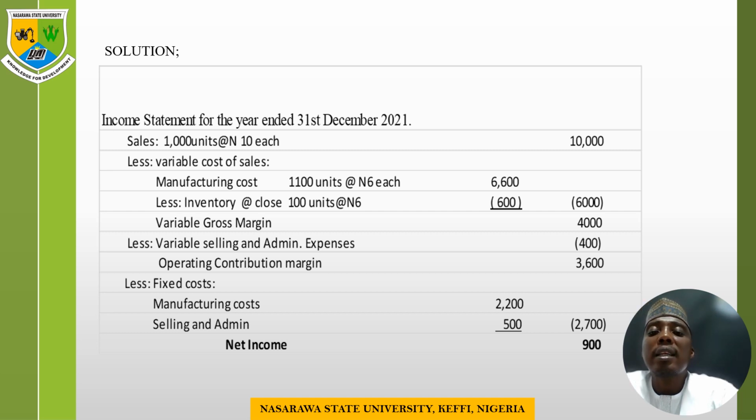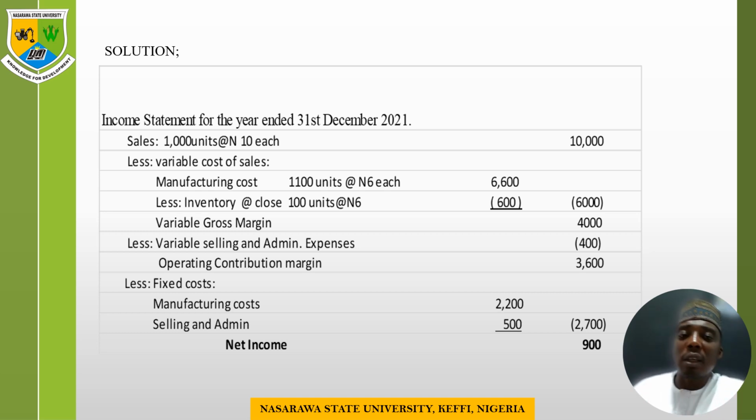So the difference between the manufacturing cost and the closing inventory cost at the end of the period is 6,000. So 6,000 deducted from 10,000, which is our total sales, will result in what we call the variable gross margin.